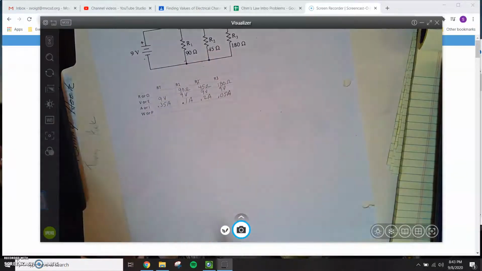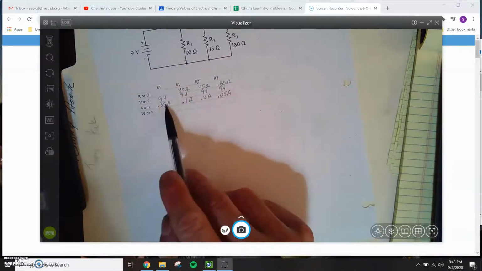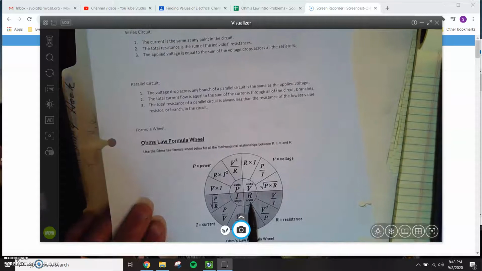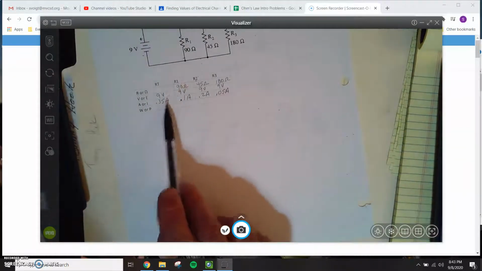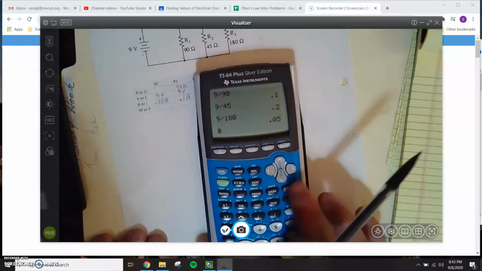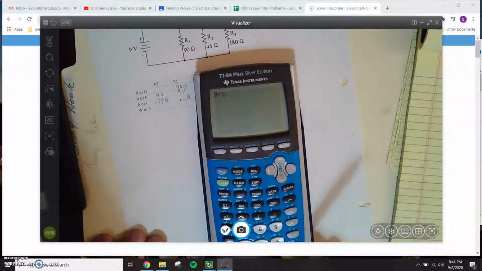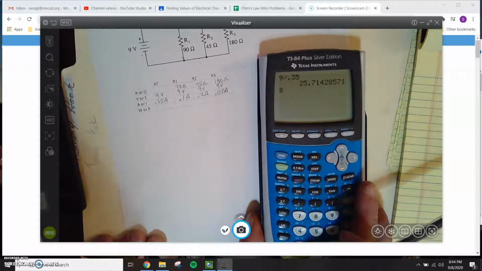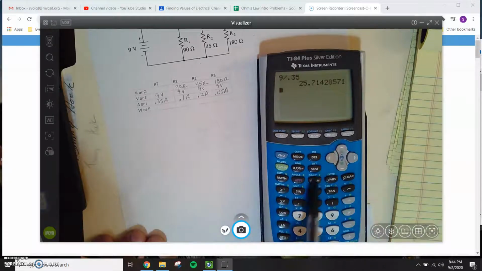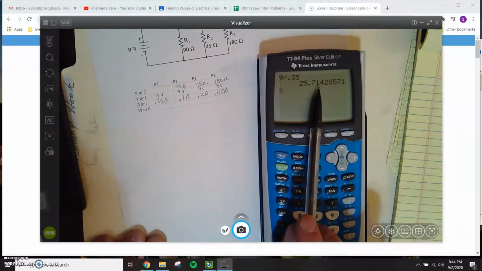Okay, so now I have at least 2 variables everywhere. If we know volts and amps, how do we find resistance? Volts divided by amps gives us resistance. So volts divided by amps, 9 divided by 0.35. So our total resistance is 25, and we round to 3 places after the decimal.